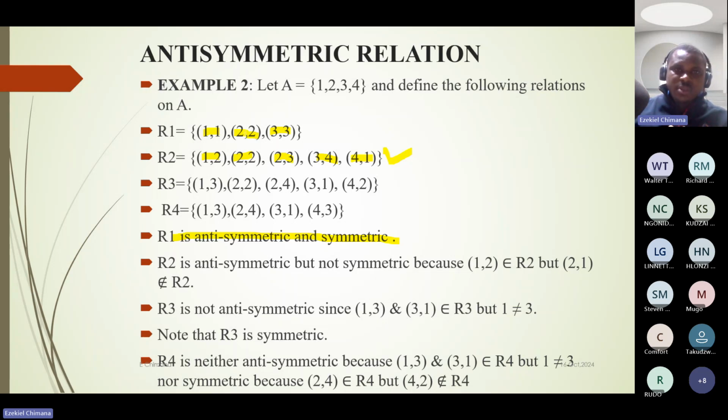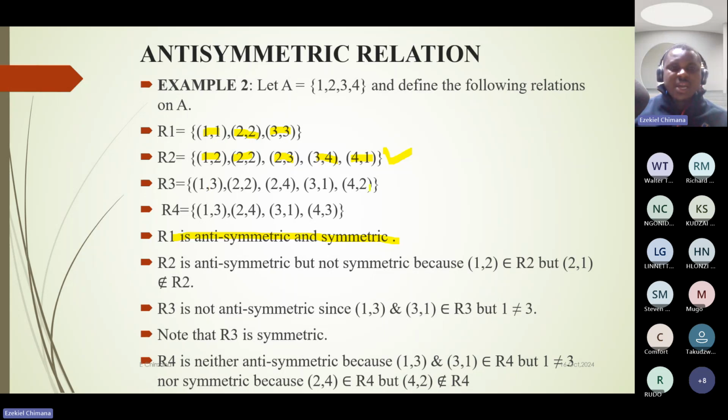This one's just a self loop. This one's just a self loop. So we can take it as fine. That's why whenever we have a (2, 2), we just ignore it. But whenever you have a (2, 3), you need to check if there is a (3, 2). That one is the one that disqualifies it from being antisymmetric. So let's look at what?